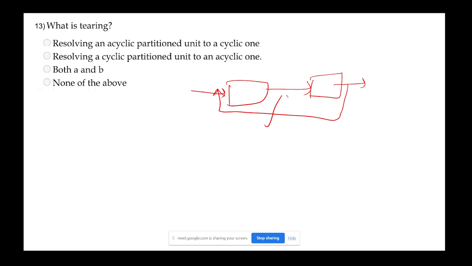What you do is tier the stream. Tiering means you break the stream into two. So you are breaking the stream, partitioning the stream.